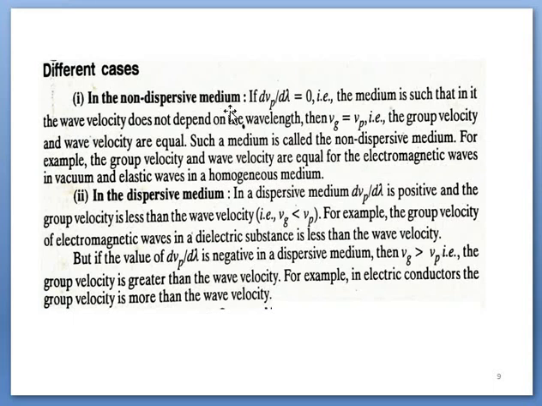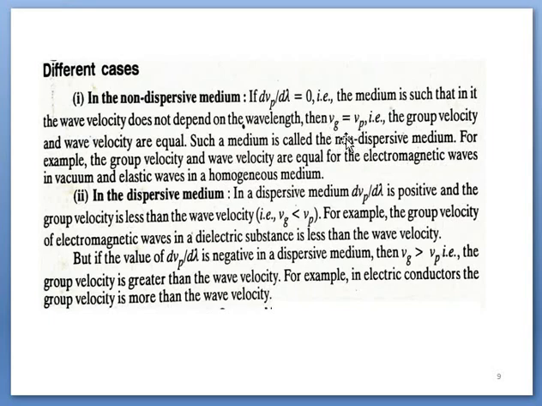So the velocity of the group, the wave packet, after superposition of them, will also be equal to Vp, the velocity of the individual waves. So here we obtain Vg equal to Vp. But in terms of the concept, both will be equal.